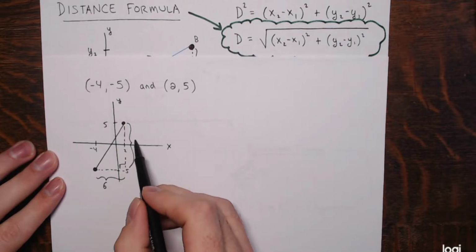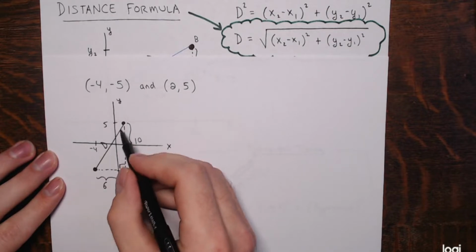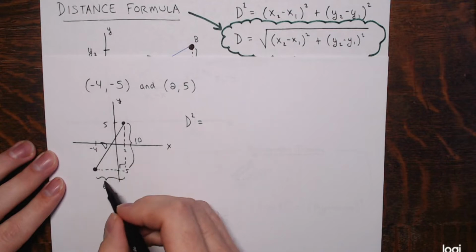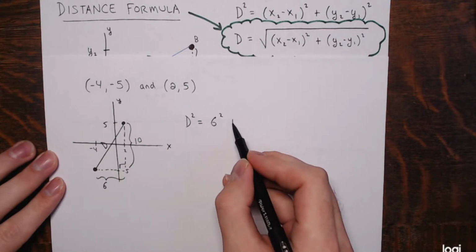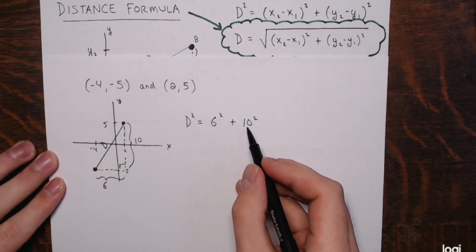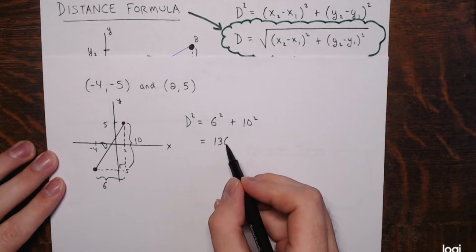That's 10 units. And then the hypotenuse, I'm calling the distance d. We have d squared, the hypotenuse squared, equals 6 squared, the length of the horizontal leg, plus 10 squared, the length of the vertical leg squared. This is 136.